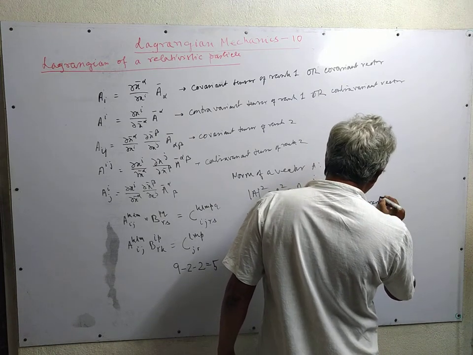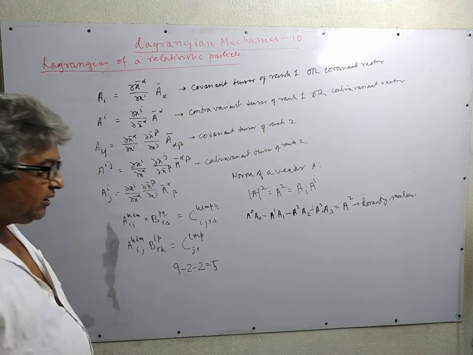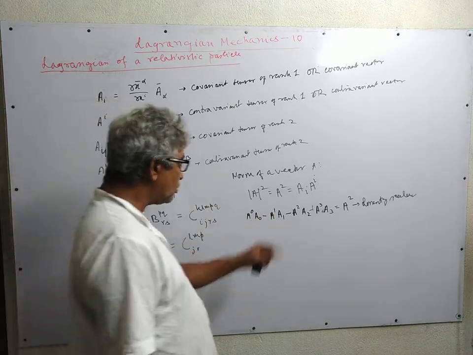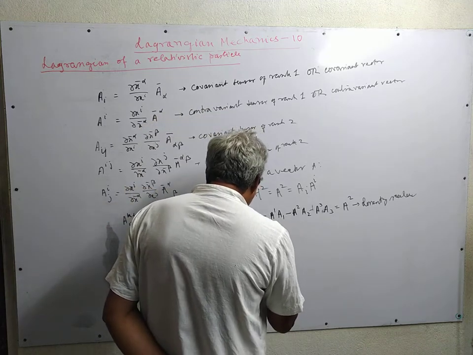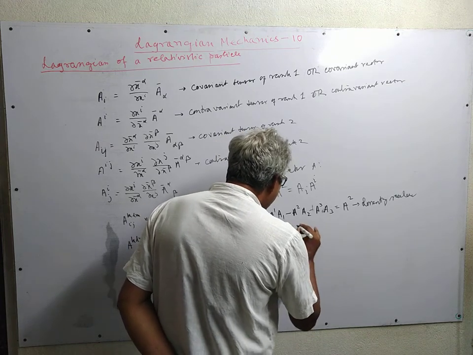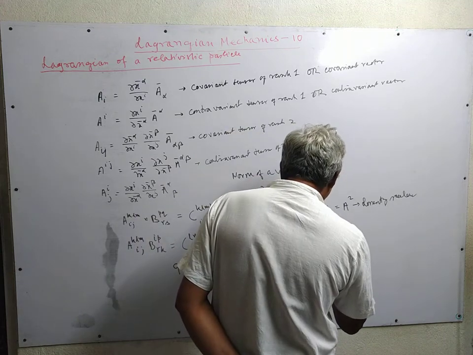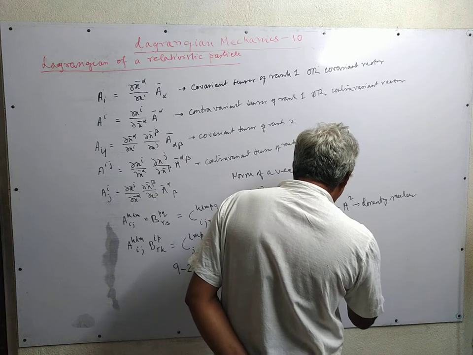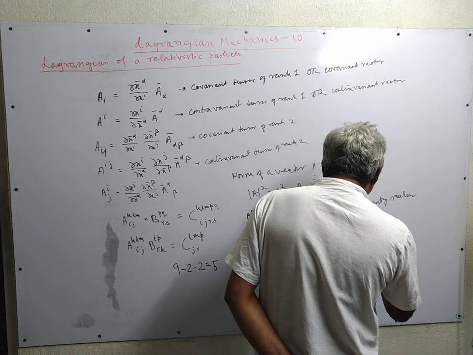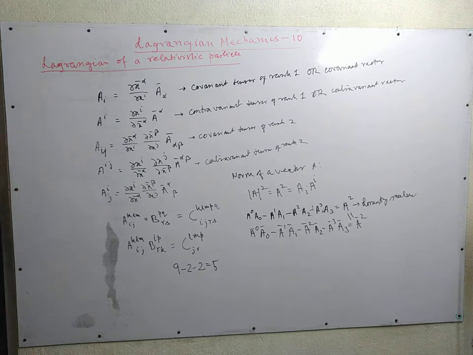That means under Lorentz transformation, if we transform from the S frame to the S bar frame, the corresponding quantity would be A bar 0 squared minus A bar 1 squared minus A bar 2 squared minus A bar 3 squared, which is the mod of A bar squared, and they are the same. So this is the definition of a Lorentz scalar.